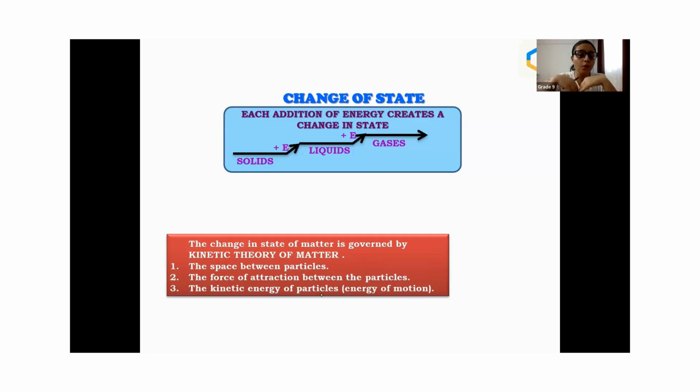The energy which we are providing to the solid state will be used in overcoming the force of attraction, or breaking them. And then the kinetic energy of particles, or energy of motion, will also start increasing, like the particles start moving randomly more. Okay. Basically, in all this process, you have to learn that temperature and pressure are going to affect the change of state.